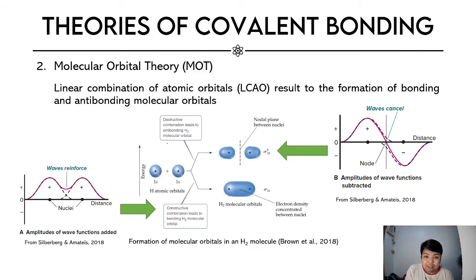In the sigma antibonding orbital, there is a nodal plane between the two nuclei, which means there is no bond formed here. Okay, sorry, cancel that term. There's a bond formed, but since it is antibonding, it's hard to describe.